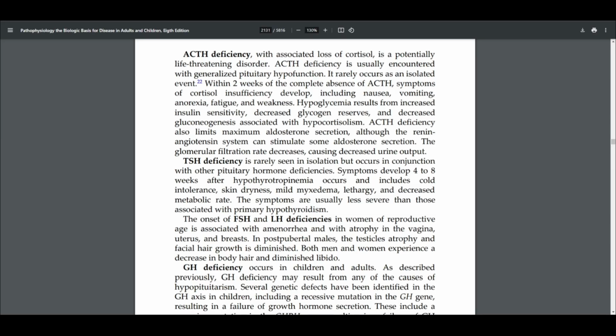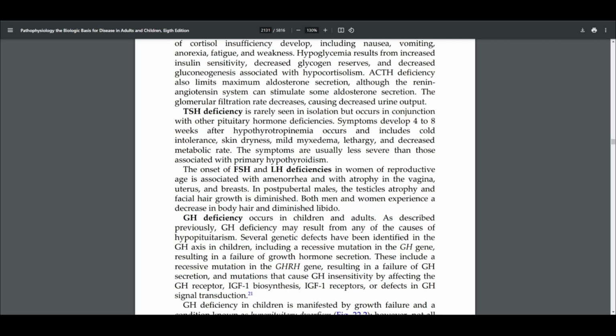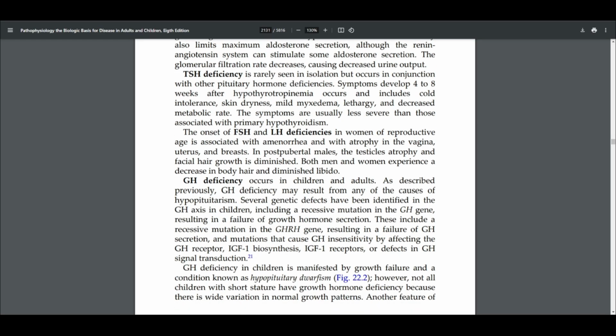Hypoglycemia results from increased insulin sensitivity, decreased glycogen reserves, and decreased gluconeogenesis associated with hypocortisolism. ACTH deficiency also limits maximum aldosterone secretion, although the renin-angiotensin system can stimulate some aldosterone secretion. The glomerular filtration rate decreases, causing a decreased urine output.